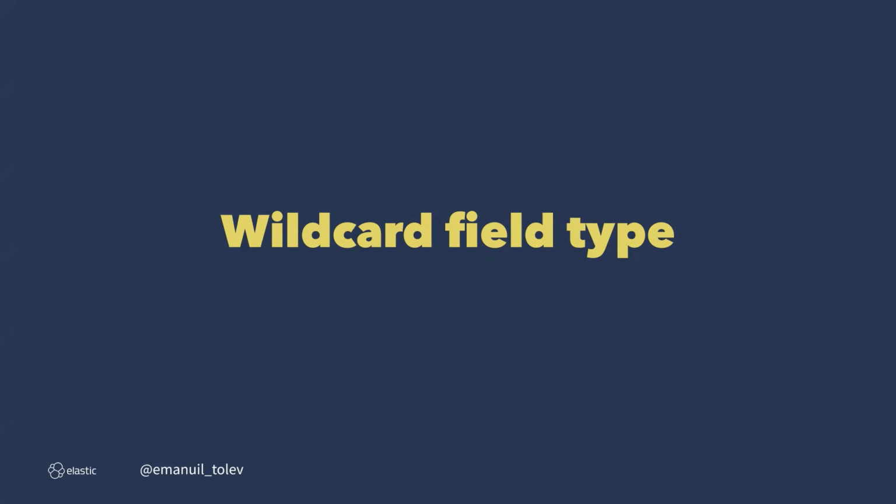So we already have text fields, right? You put in a bunch of text like I just did with that lorem ipsum, and that text is broken down into tokens, and then you can search for them, ideally with a match query. So that's your default full text search. Then you have keyword fields.